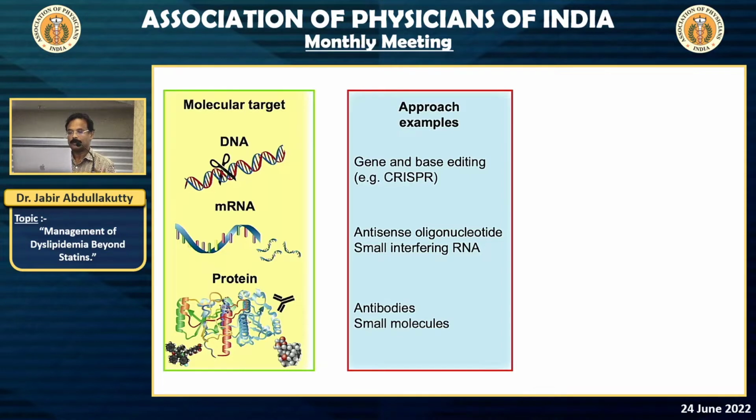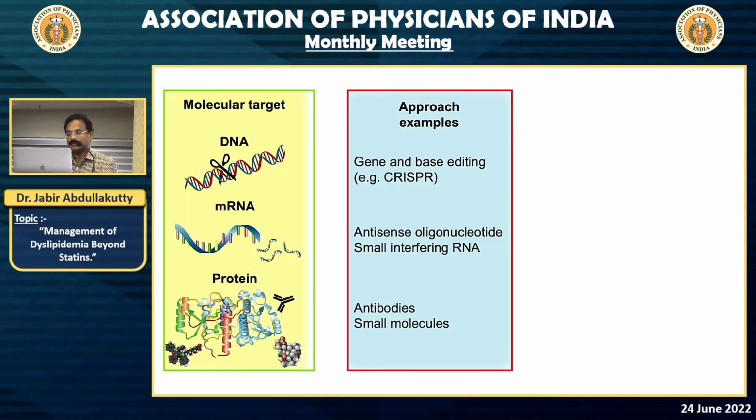So CRISPR, that is gene and base editing, or the use of new molecules like an antisense oligonucleotide or a small interfering RNA, which inhibits the synthesis of the RNA, and the transcription process itself is inhibited so that the protein synthesis can be inhibited, and it reduces the synthesis of molecules which can lead on to a change in the LDL level.